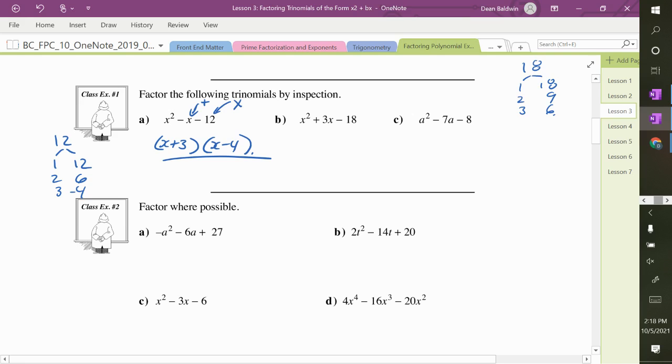Okay, which one's negative? The 3 would be, right? Because it has to add to positive 3. Right? 6 plus negative 3 is positive 3. So this would be x plus 6, x minus 3.